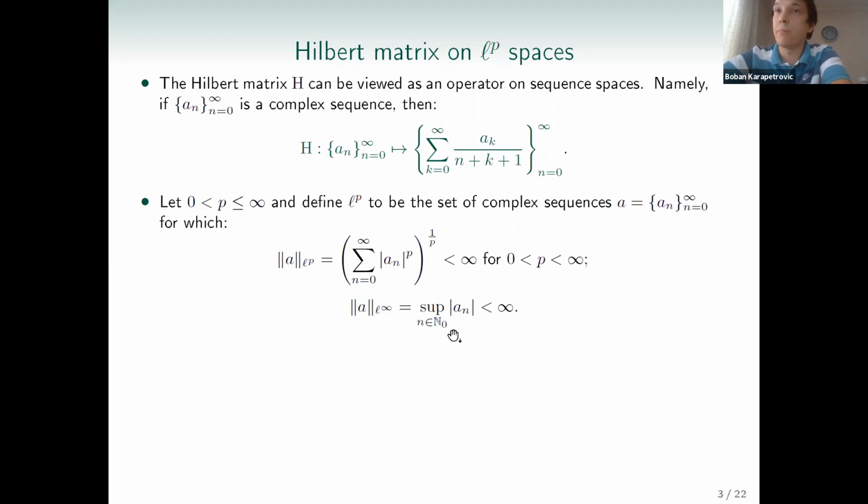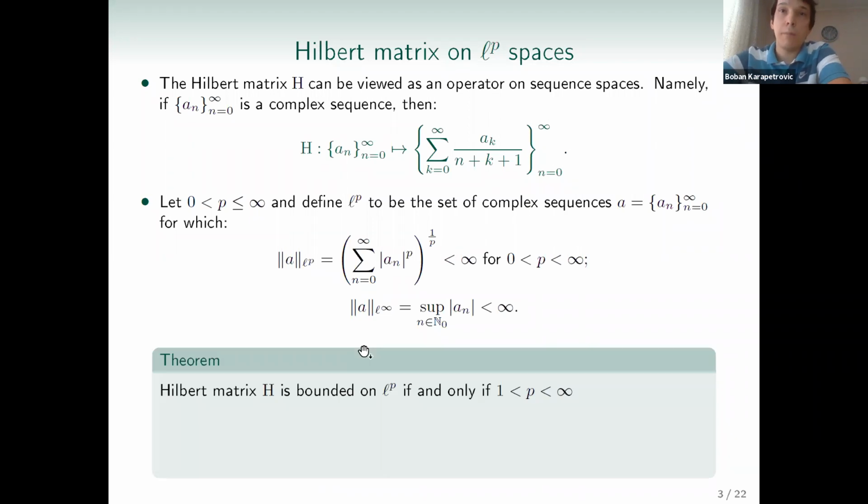And the following result, well known and very old, belongs to Hardy, I think, and dates back to around 1925. We have this theorem: the Hilbert matrix H is bounded on l^p sequence spaces if and only if p is strictly between 1 and infinity.